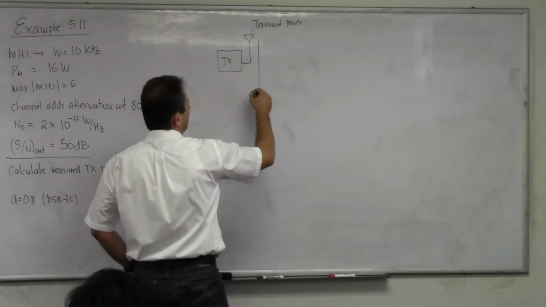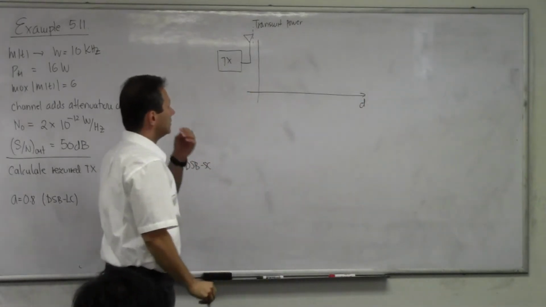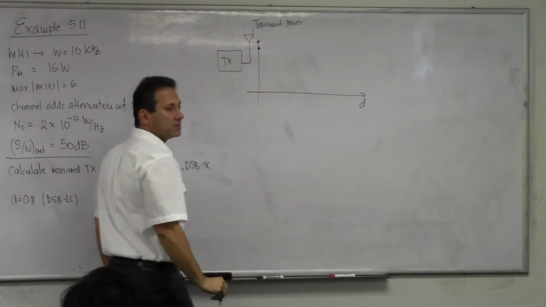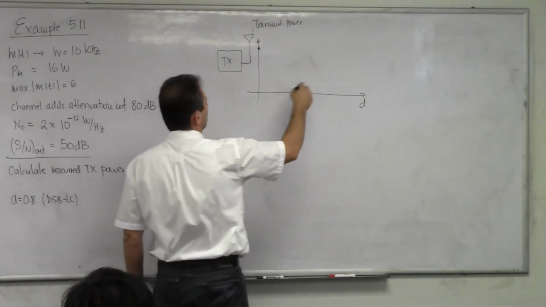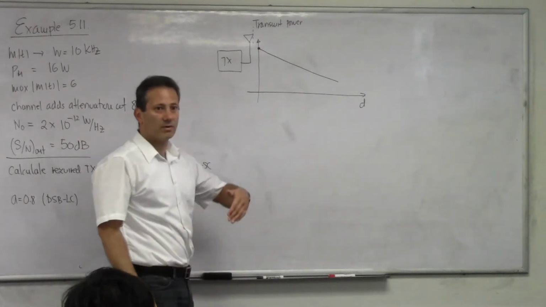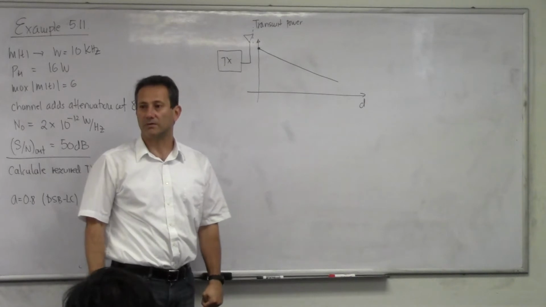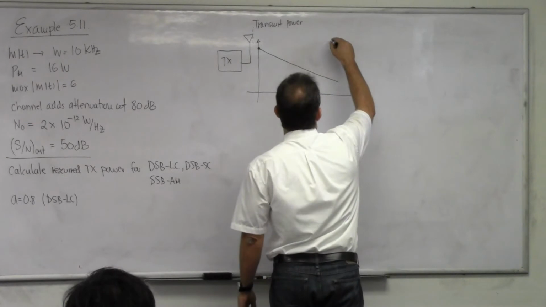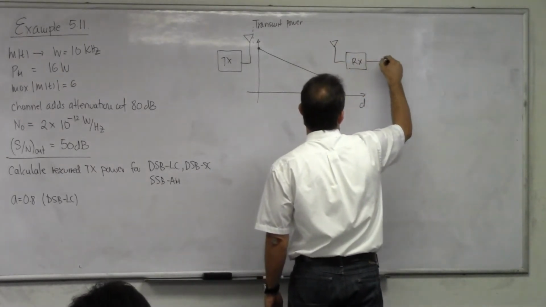If you look at propagation of this signal, there is some distance between transmitter and receiver. Let's say this is your transmit power level at the transmit antenna. As you propagate along this distance, your power is going to be decreasing, right? As you go further and further, your attenuation accumulates, and the power of your signal goes smaller and smaller. Let's say you have your receiver at this point, and this is my output.